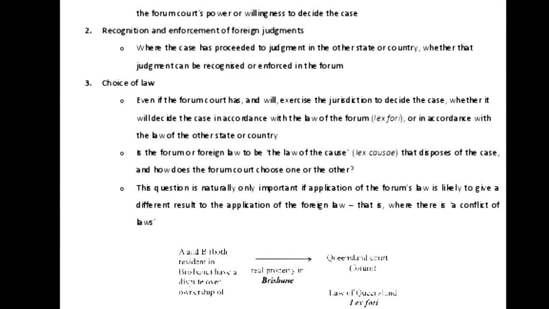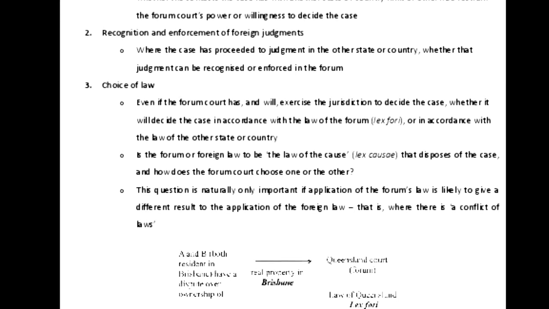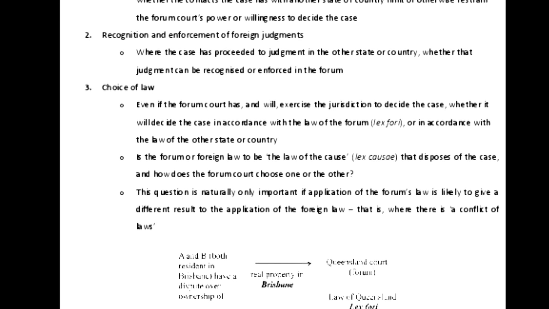Now, the court comes out with a verdict. When the court comes out with a verdict, then what happens? I mean, the verdict applies only in India, but the person lives in England. How does that make sense? Now, the matter has to be enforced in the foreign jurisdiction.